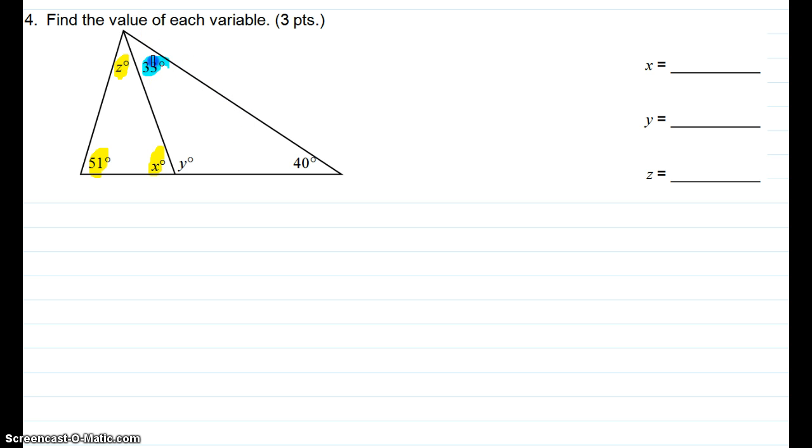So now as we look at the other triangle, we have 33, y, and 40. When I have two numbers with one variable, I can solve that. So let's go ahead and take 33 plus 40 plus y equals 180.